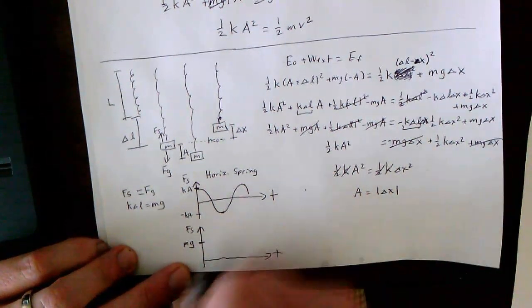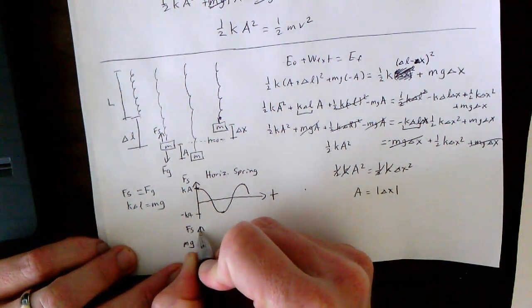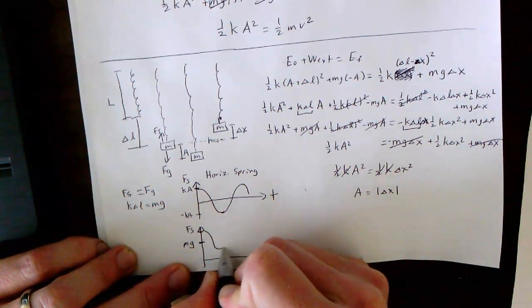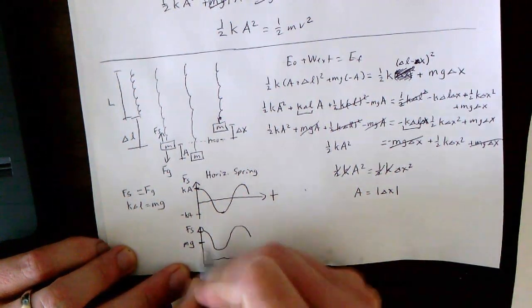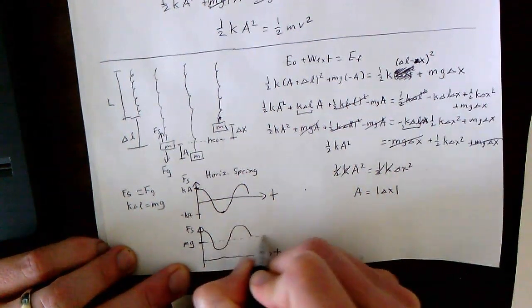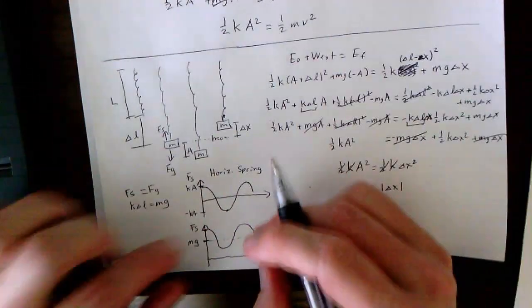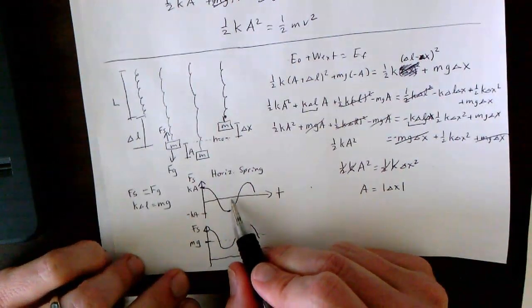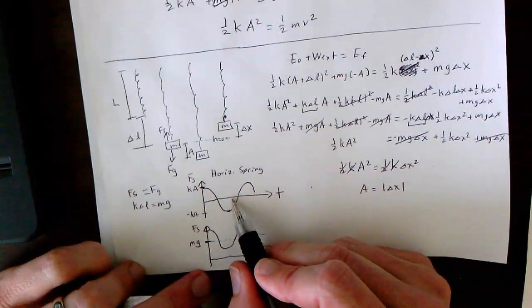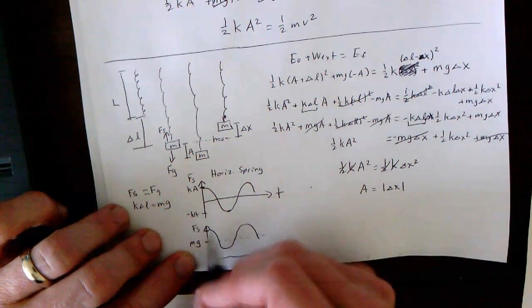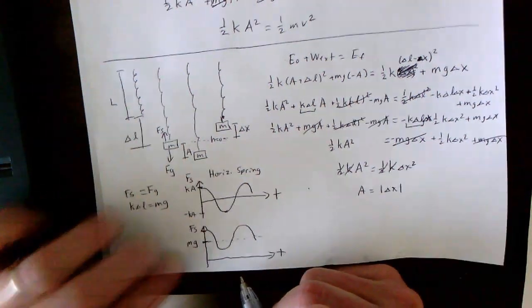We don't really care where 0 is, but the point is we're going to oscillate about the mg position. Like that. I didn't draw that graph real great, but you get the idea that there's still an oscillation. It's just not about 0, the relaxed length of the spring, but about this spot where the force of the spring up equals gravity down.